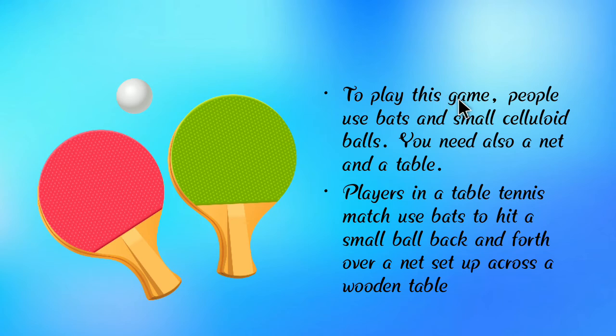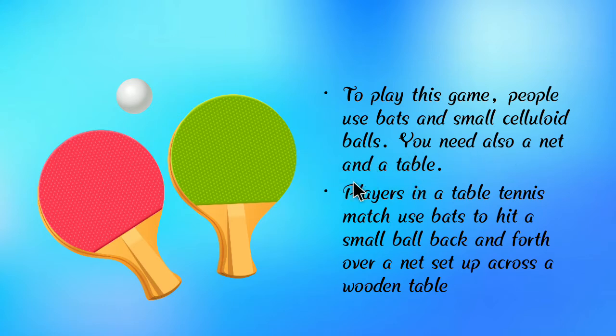To play this game people use bats and a small colored ball, and you also need a net and a table. We play on a table, so we need a table and net.